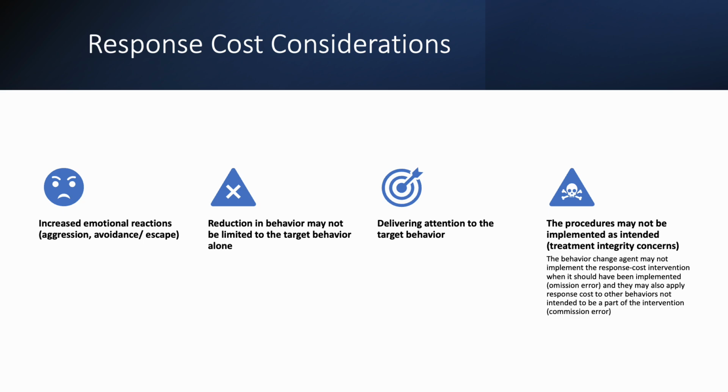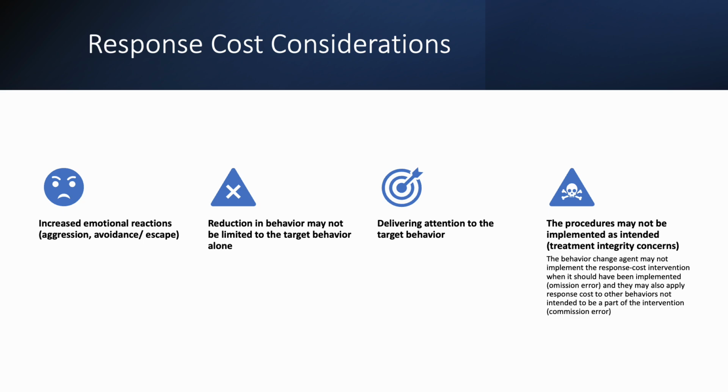The other concern is that sometimes the response cost intervention is so effective that the implementer begins to overuse the intervention. And so they're no longer just implementing it with the target behavior or the problem behavior, but now they're implementing it with other behaviors that were not part of the intervention and that were not originally intended to be included as part of the response cost intervention.